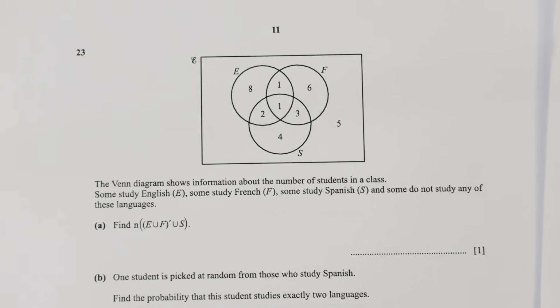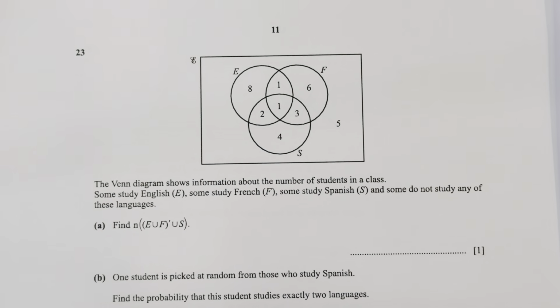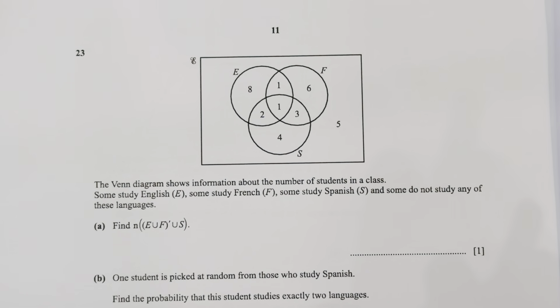Moving to question number 23. Question number 23 is again from the topic of sets. The Venn diagram shows the information about the number of students in a class. Some study English, some study French, some study Spanish, and some do not study any of these languages.